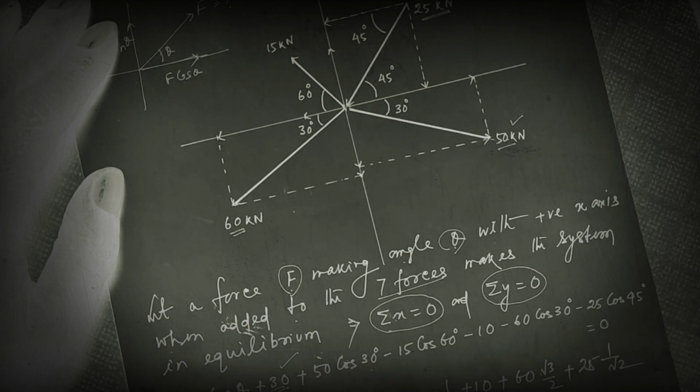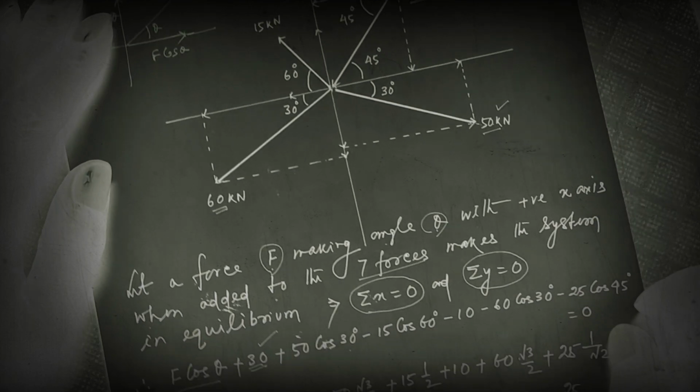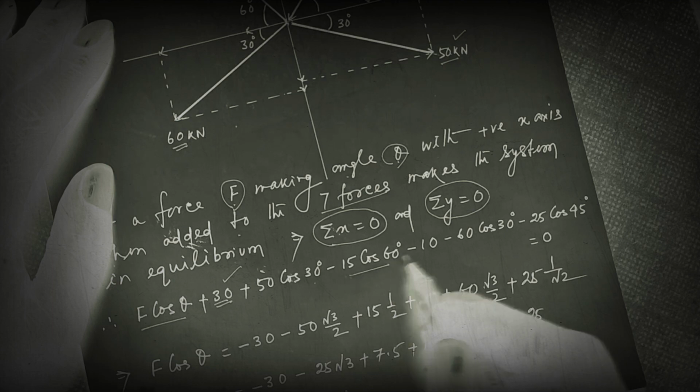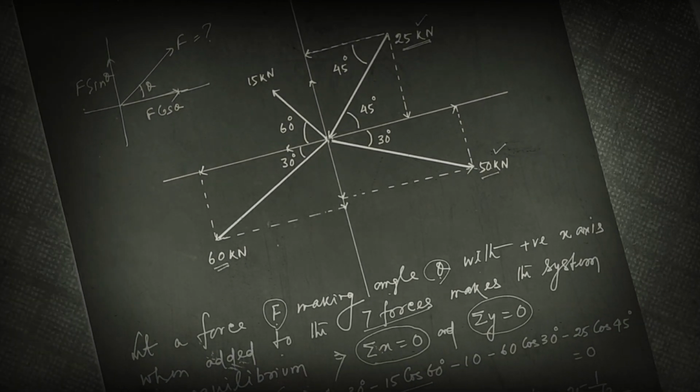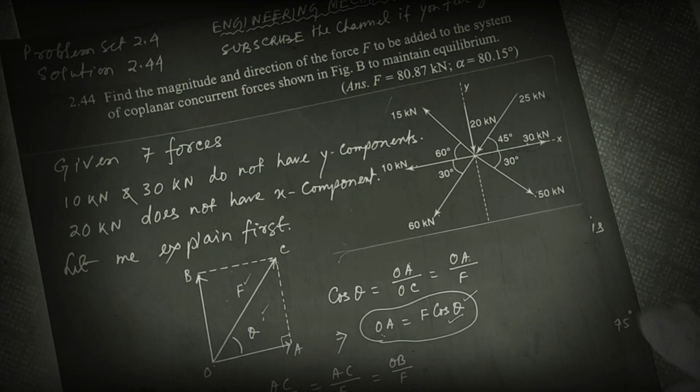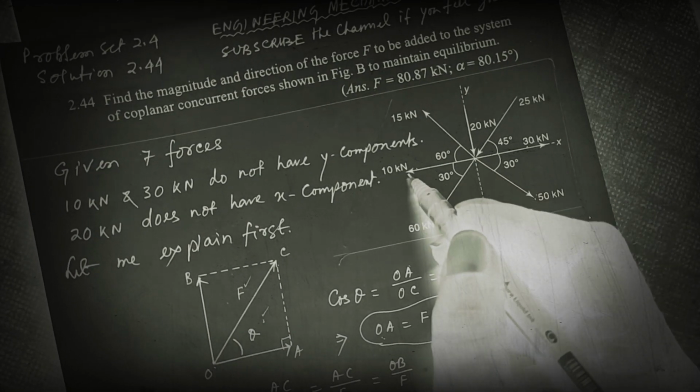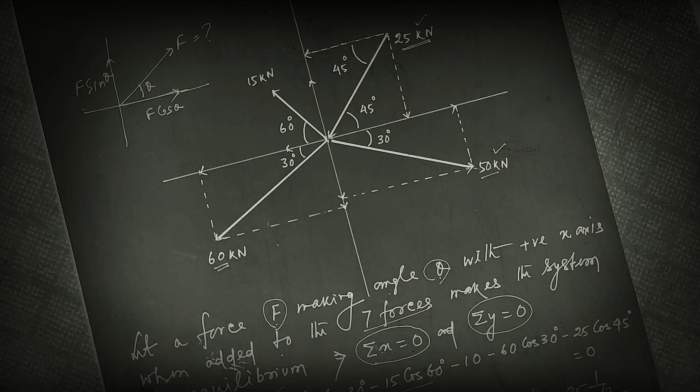So I have taken minus 15 cos 60, then minus 10, that is already given in the original diagram. The 10 kilonewton was along the negative x-axis, so that is subtracted.